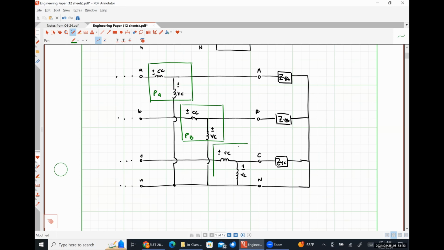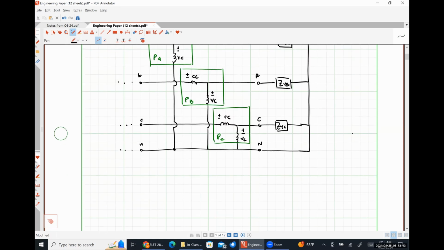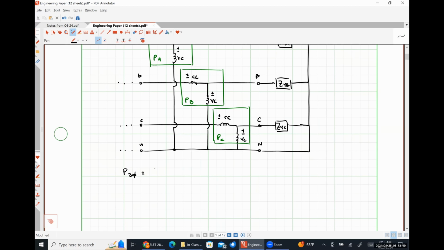And here's watt meter number 3 that's telling us the average power absorbed by the C phase. So the three-phase average power would simply be the reading of wattmeter A plus the reading of wattmeter B plus the reading of wattmeter C.